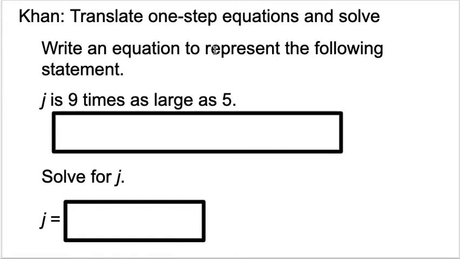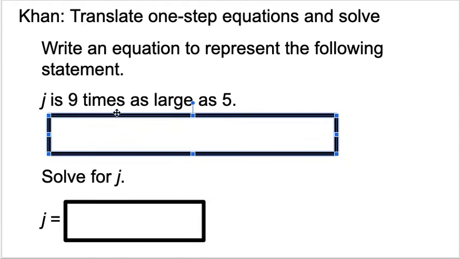Okay, for this one, j is 9 times as large as 5. So that means j equals 9 times as large as 5, and that just simply means 9 times 5.